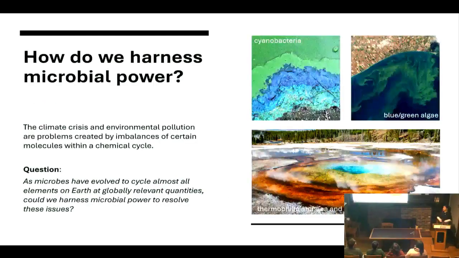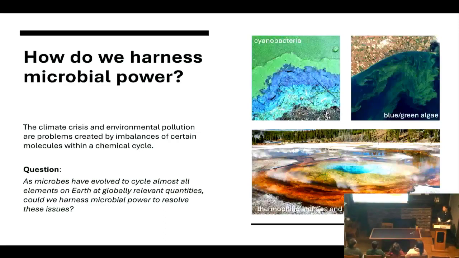So now the question becomes, how do we actually use this knowledge that we have found through this microbial diversity to better our lives? I want you to think about the climate crisis and environmental pollution as problems that are created by imbalances of certain molecules within a chemical cycle.